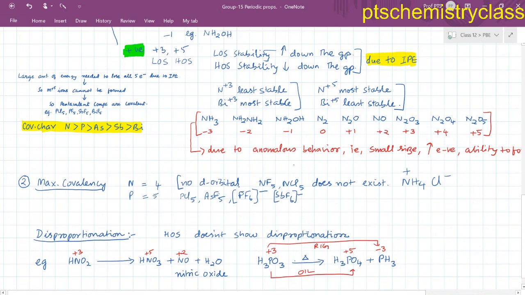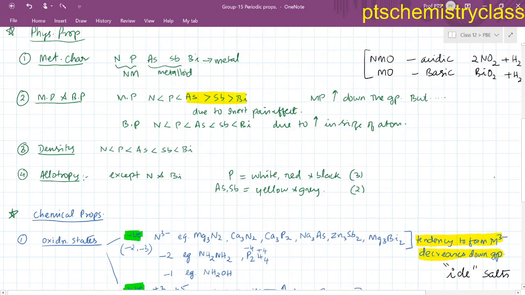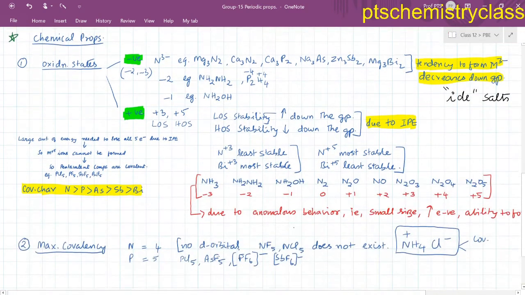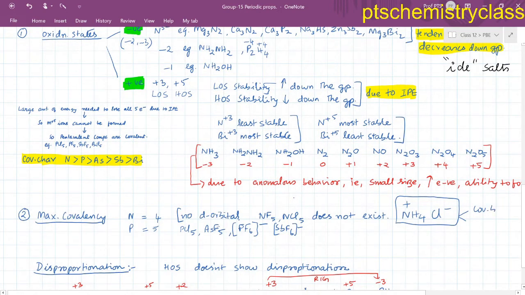Therefore, it can show a maximum of tetravalency. So this compound, ammonium chloride, will have 2 types of bonds: both covalent bond as well as ionic bond.